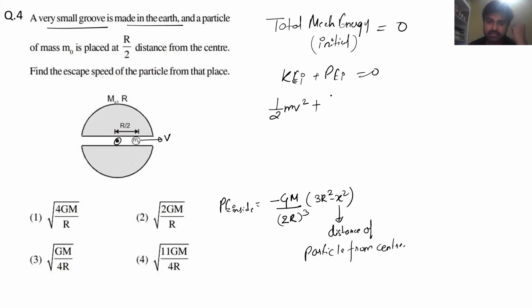So we will write the same formula here: minus G M by 2 r cube into 3 r square minus x square. Now x is the distance from the center, which is r by 2 here. So I'll put r by 2 whole square, right? And m0.